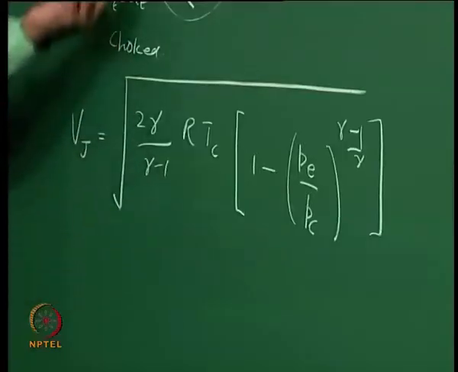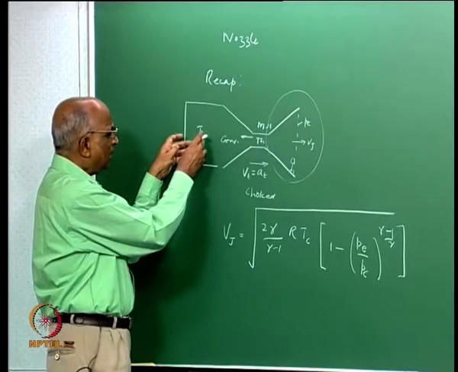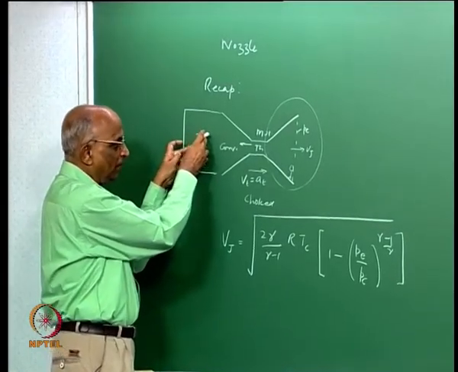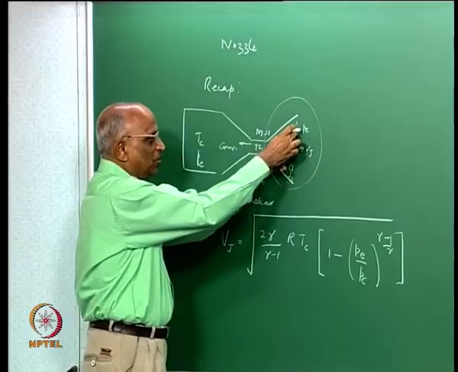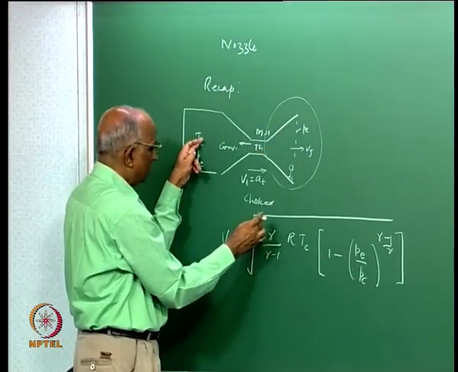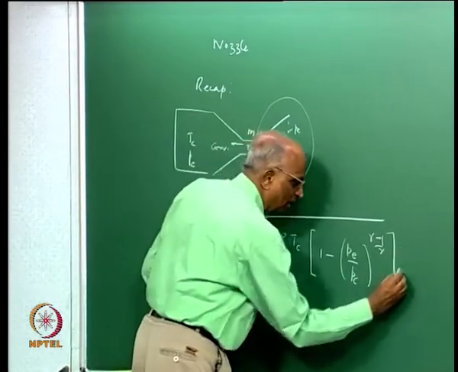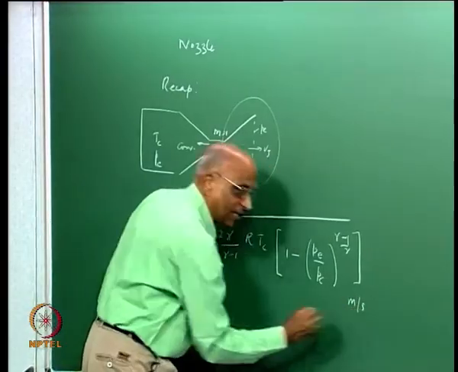And here we did not even consider the convergent divergent shape. We just said that if the chamber pressure is Pc and the exit pressure is Pa, then you have the pressure ratio coming, this is the temperature in the chamber, and this is how we derived the expression for Vj, which was so many meters per second.